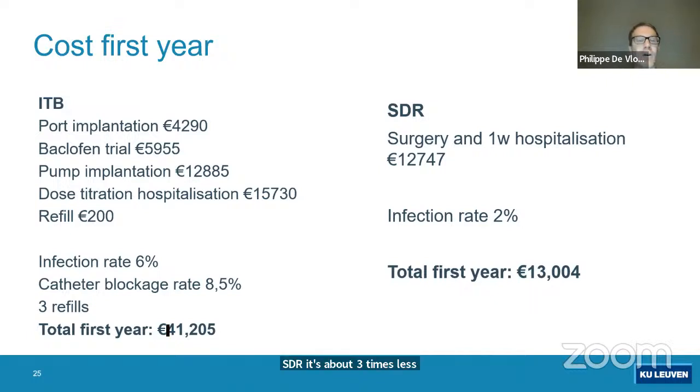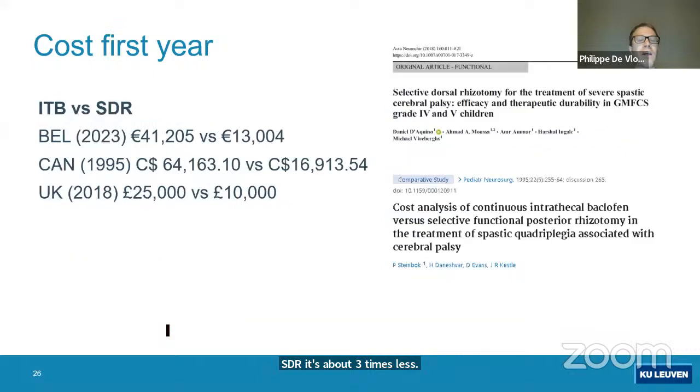And this is an ongoing issue because these people with ITB will need pump replacements, but also refills over time. This is not only the case in Belgium, but there are some older studies from the UK and from Canada that maybe in absolute numbers are no longer correct because of indexation, but in relative difference are very much similar to what we found. So 3 to 4-fold difference between the two treatments.